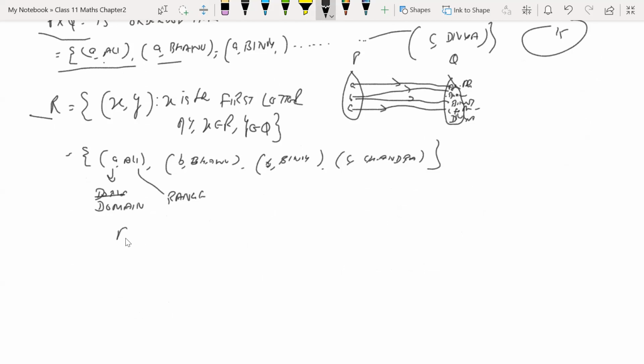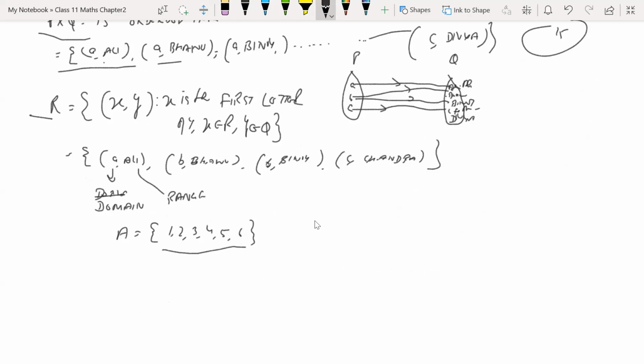There is a set A. Set A has elements 1, 2, 3, 4, 5, 6. Define a relation from A to A. We have to define the relation from A to A. This is the only set.